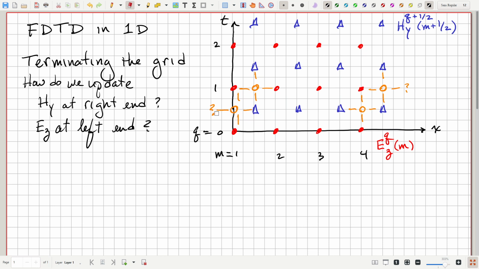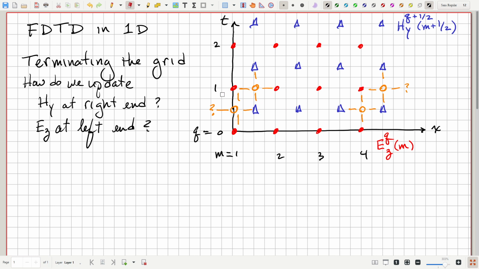Now, what we did previously is we said, well, let's just then not update the HYs at the very right end. These values, just keep them 0. And don't update these EZ values at the very left end. Just keep them 0. But what is it when you have a medium in which the EZ is, no matter what the fields are, always 0 at some point? Well, that's a PEC, perfect electric conductor.